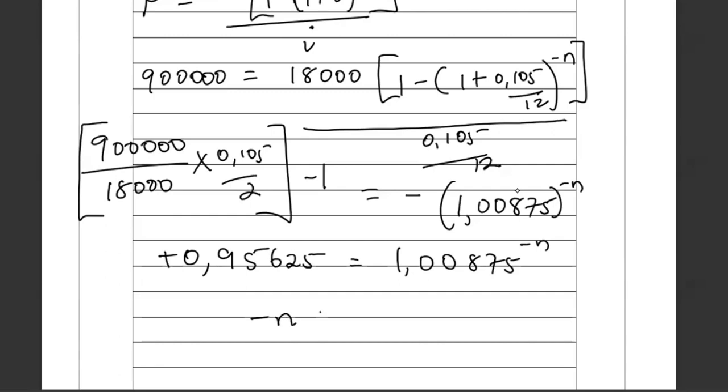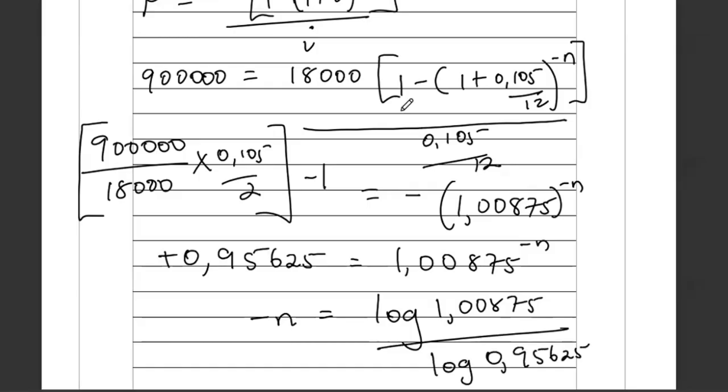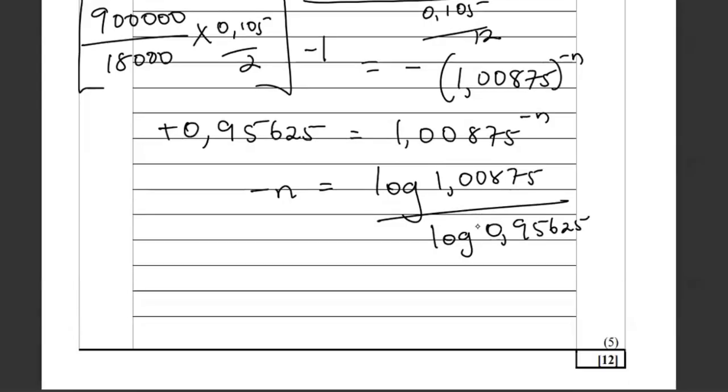Then for me to get my negative n, I'll have the log of 1,00875 over the log of 0,95625. So you're going to get a negative answer. And then my positive answer I'm getting is 66,043.